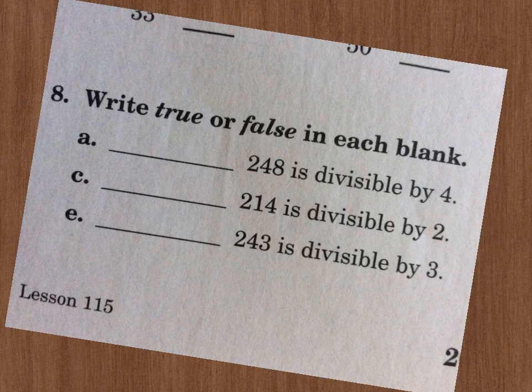Remember, the rule for 4, to know if something's divisible by 4, you divide the last 2 digits. Here we got 48 is our last 2 digits. Does 4 go into 48 evenly? It does. 4 times 12 is 48. So this is true.